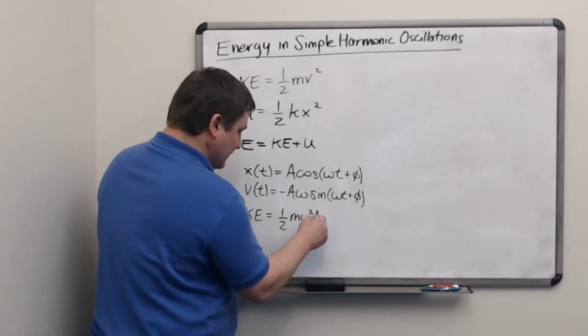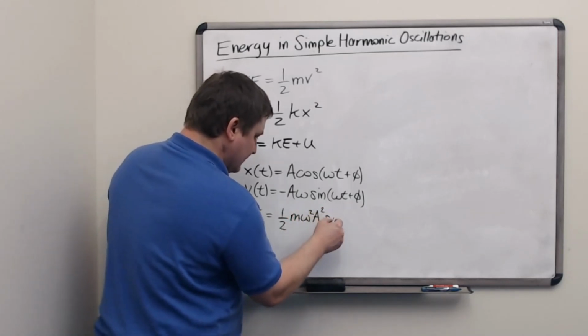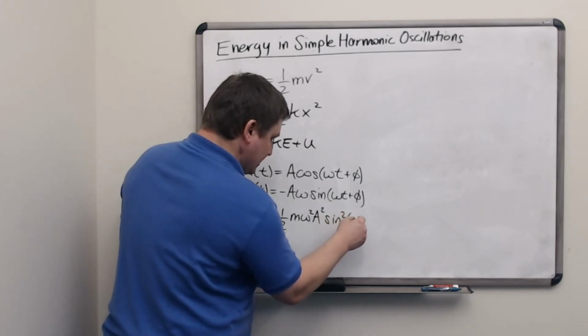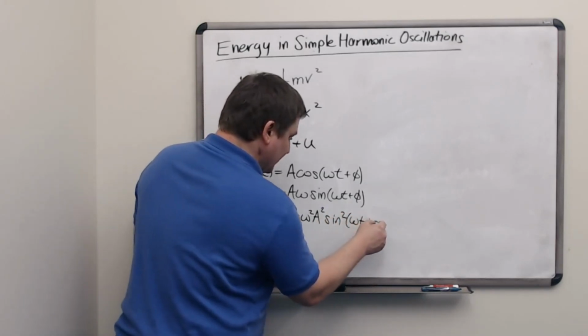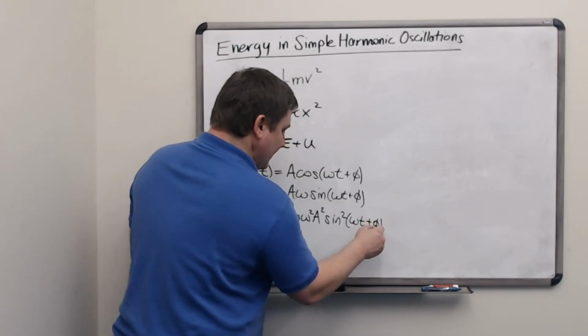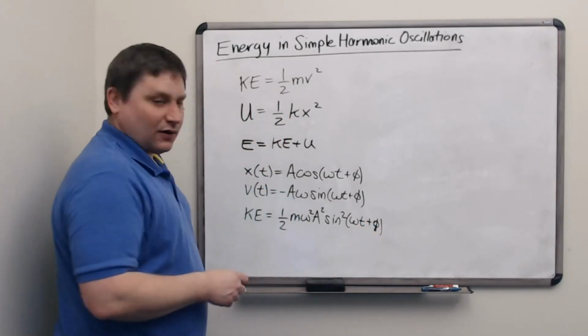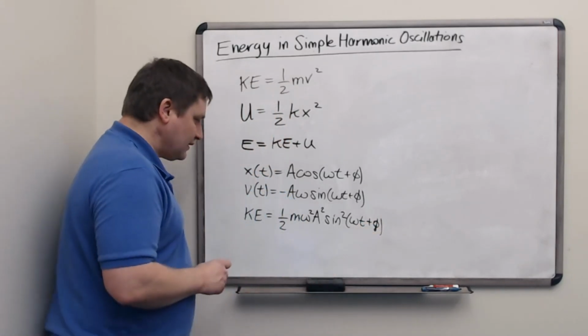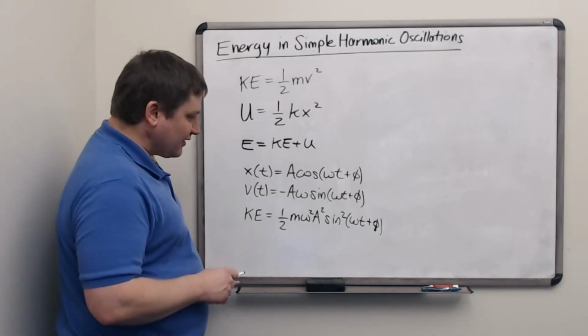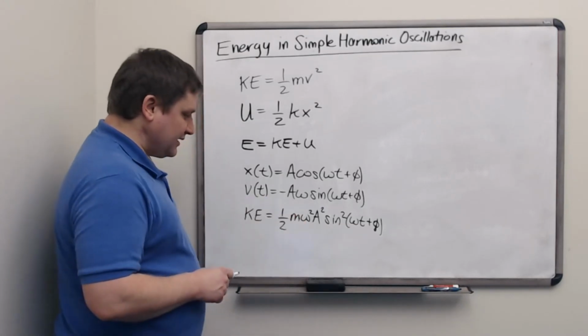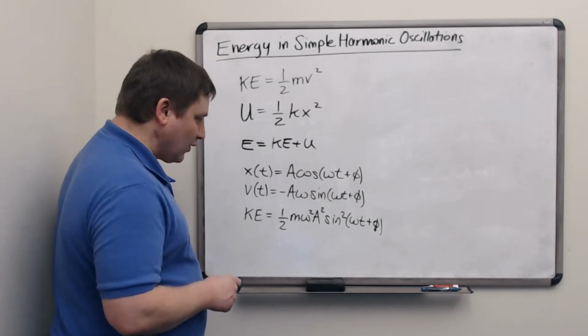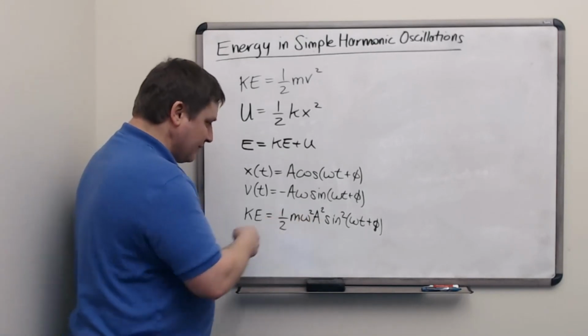I'll write the omega squared first, and then the a squared. Then there's the square of the sine function, which varies over time but is always positive. So the kinetic energy is largest when the sine function is close to 1 or -1. That's when it will be moving the fastest.